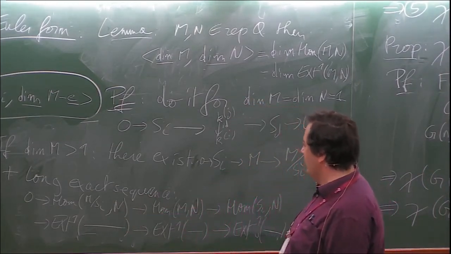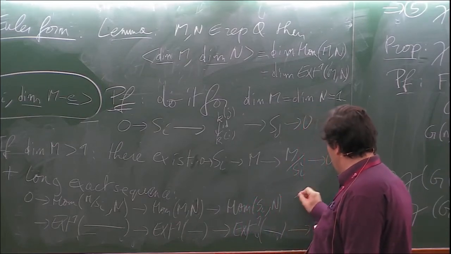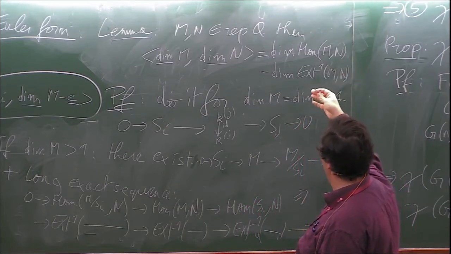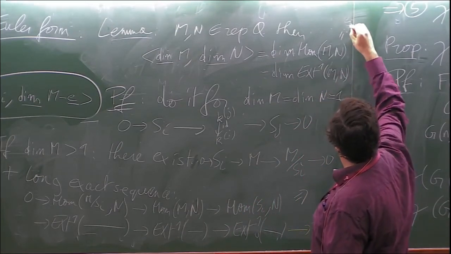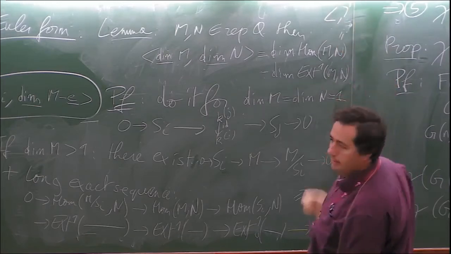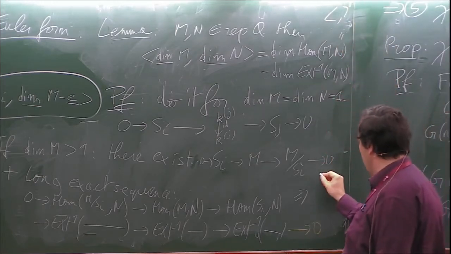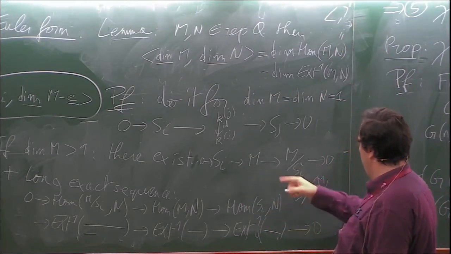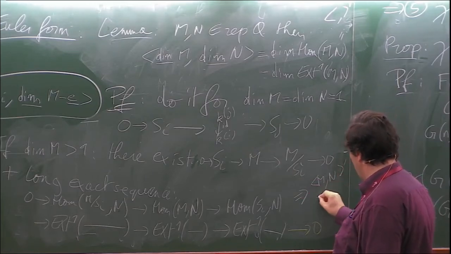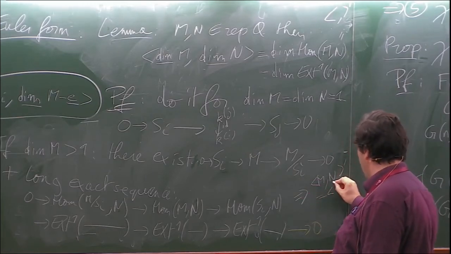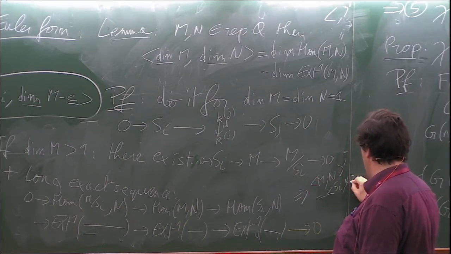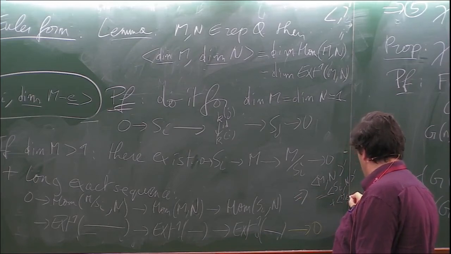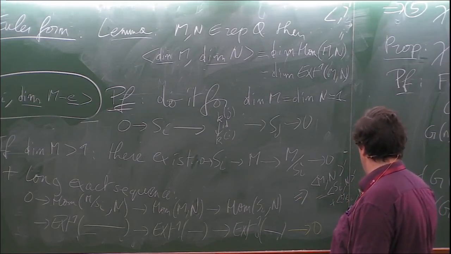It tells you exactly that, if you take this formula, let's call it the prime form, it tells you immediately that this is additive, that <M,N>' is equal to <Si,N>' plus <M/Si,N>'.